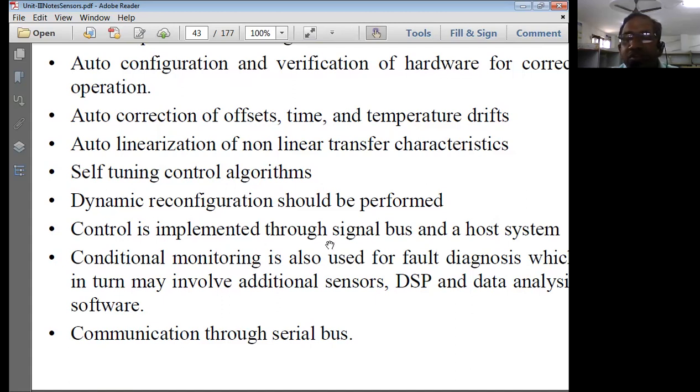Dynamic reconfiguration should be performed. This is what I was talking to you about. What happens is today we are working with some technology. Tomorrow the technology has been enhanced to an advanced technology. Then this smart sensor has to reconfigure by itself. These days our smart mobile phones are reconfiguring by themselves.